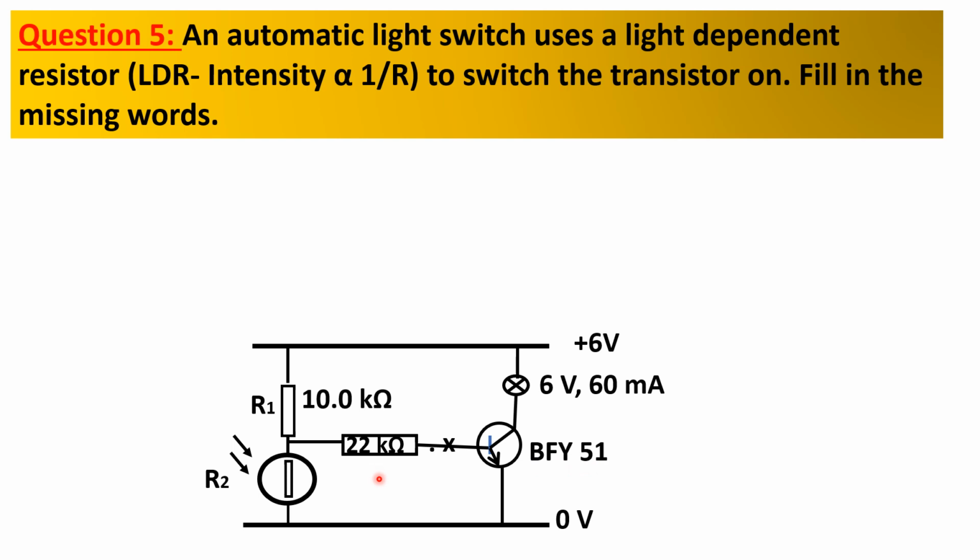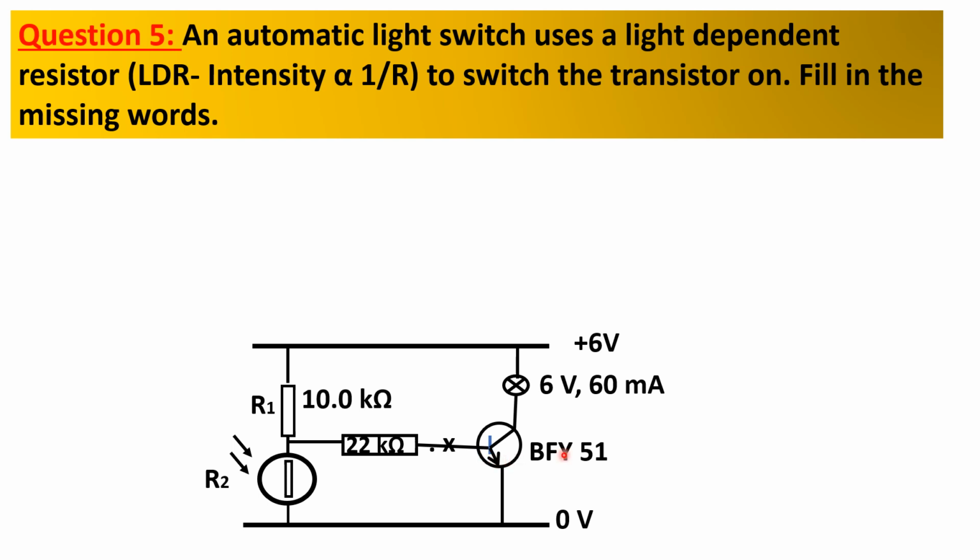This is a diagram that illustrates how the components are connected. We have here the LDR, a resistor load R1 equal to 10.0 kilo ohms, and another resistor for safety purposes, 22 kilo ohms. This is in series to the base of a transistor.